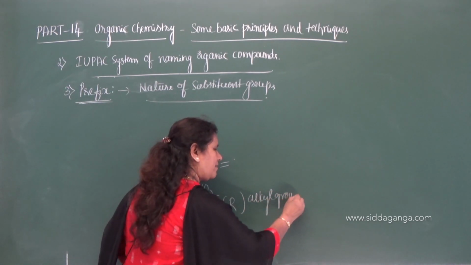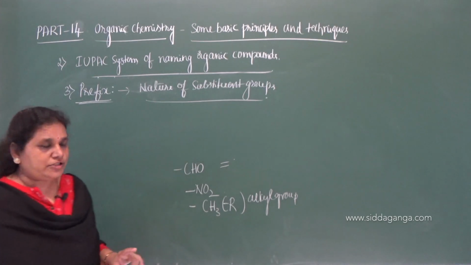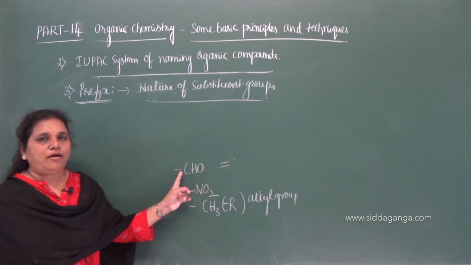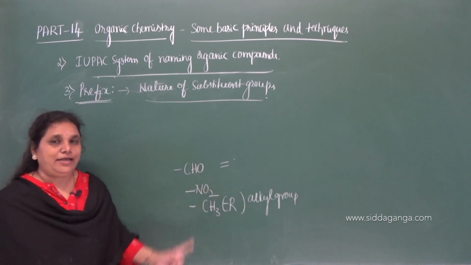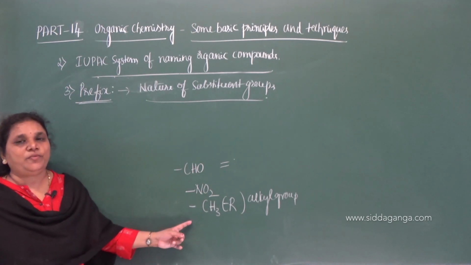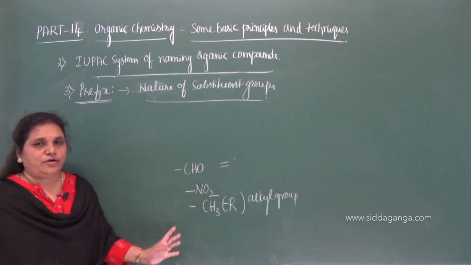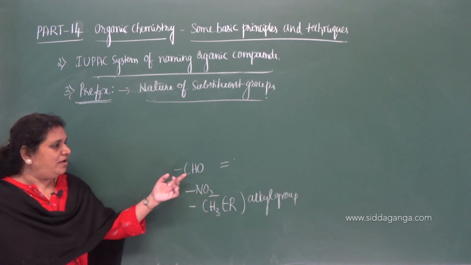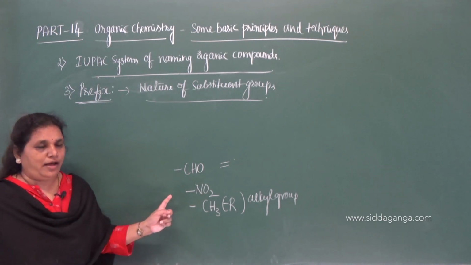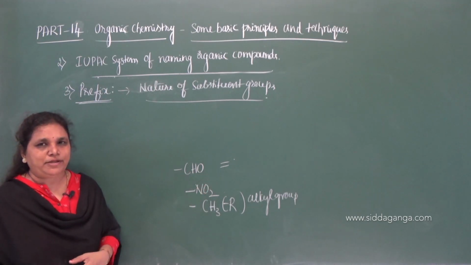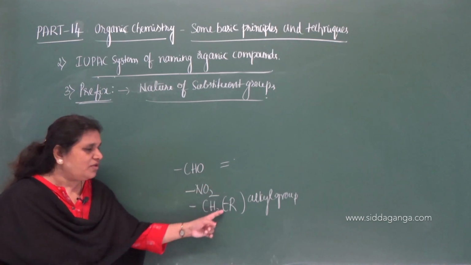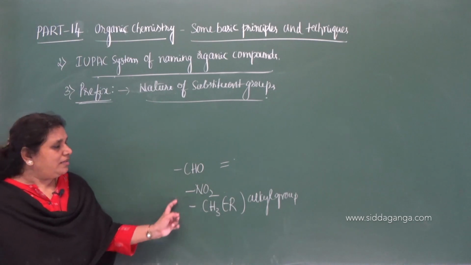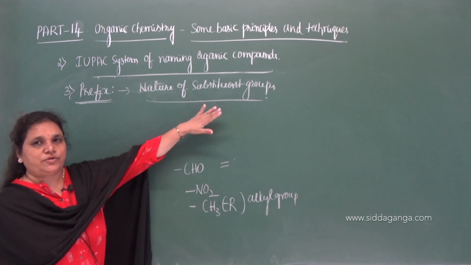R group is nothing but alkyl group, which means to say along with the aldehyde group and a multiple bond, if nitro group is there or the methyl groups are there, then preference goes to functional group again, and then to the multiple bonds, and finally to these groups. Therefore, these groups are nothing but the substituent groups.